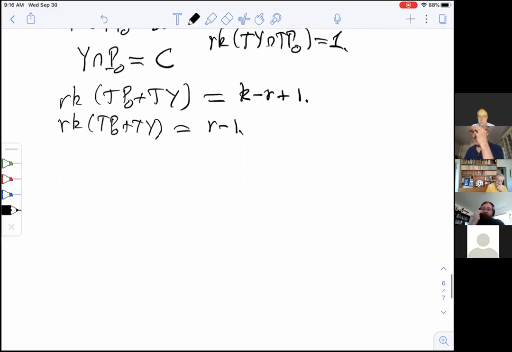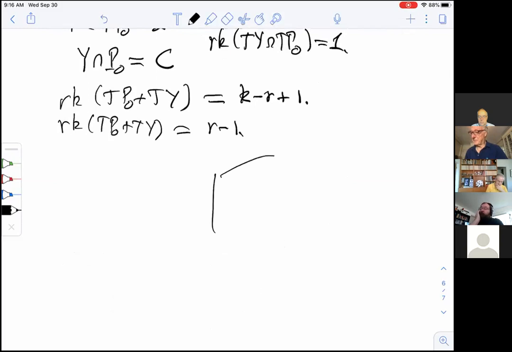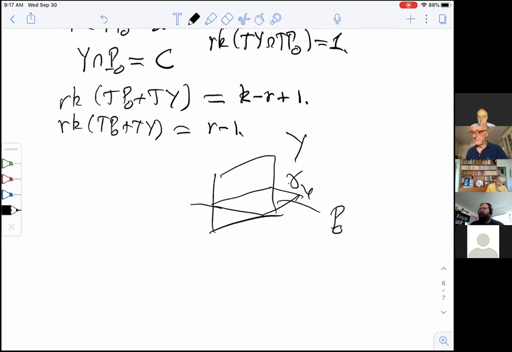So let me just draw a picture of this. So we have Y, this is Y now, and here is gamma of Y and P naught sticking out. So the sum of these two bundles is of rank 1 larger than the rank of Y, which is S plus 1, K minus R plus 1, and therefore its perpendicular complement is of rank R minus 1.